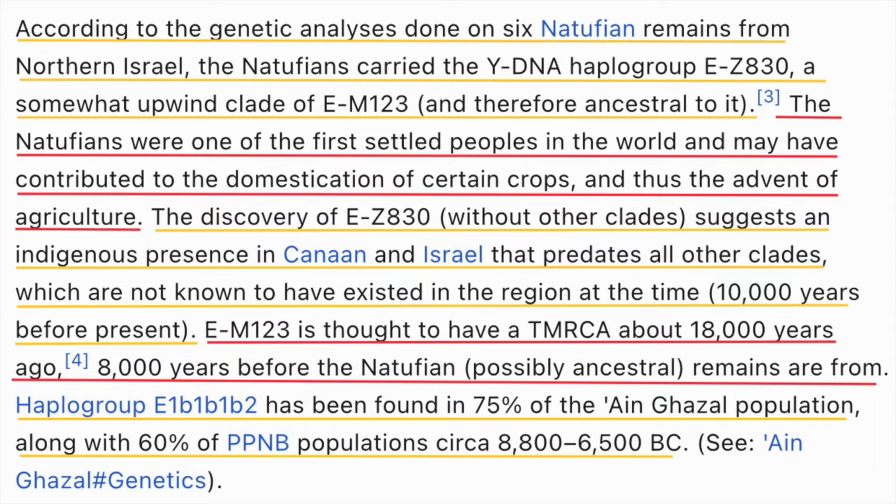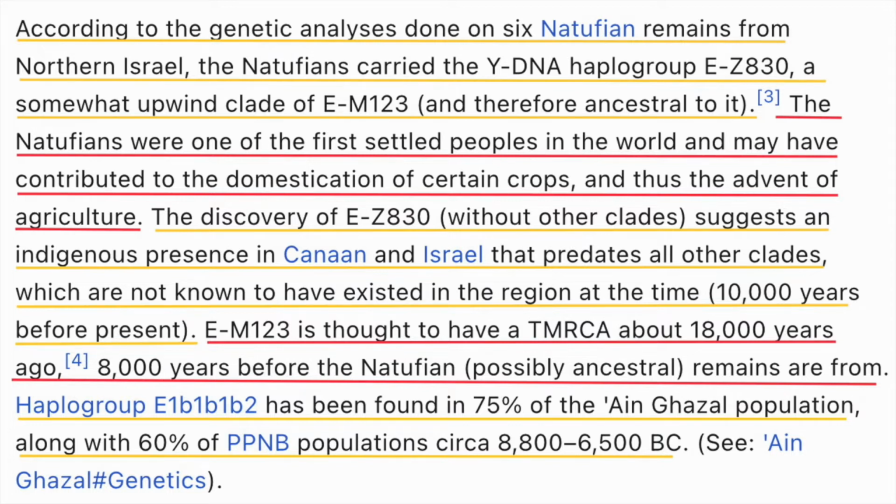The Natufians were one of the first settled peoples in the world, and may have contributed to the domestication of certain crops and thus the advent of agriculture. The discovery of E-Z830 without other clades suggests an indigenous presence in Canaan and Israel that predates all other clades, which are not known to have existed in the region at that time, 10,000 years before present.